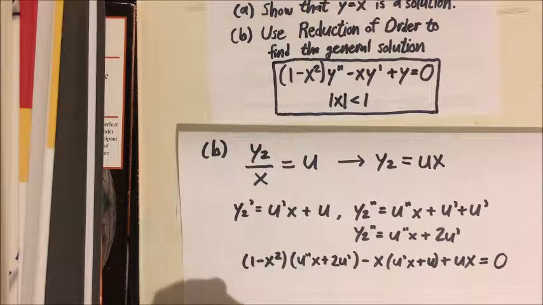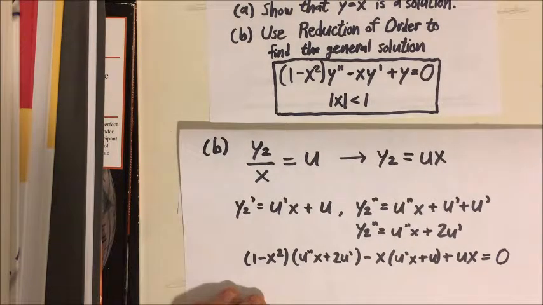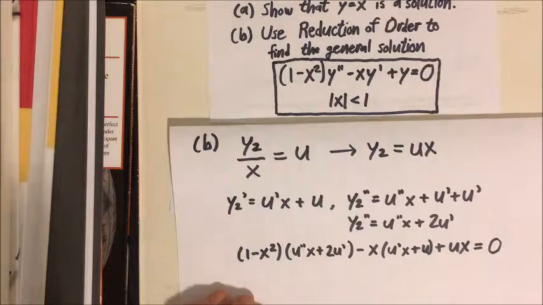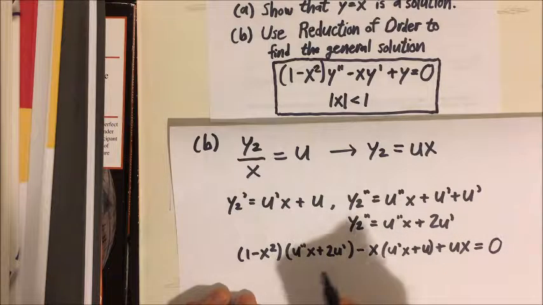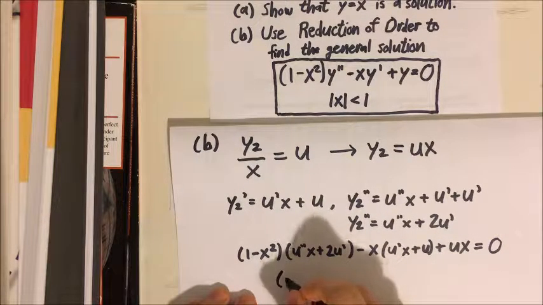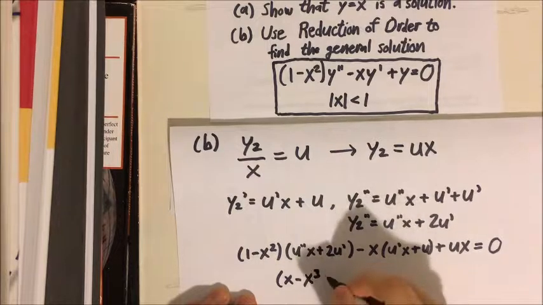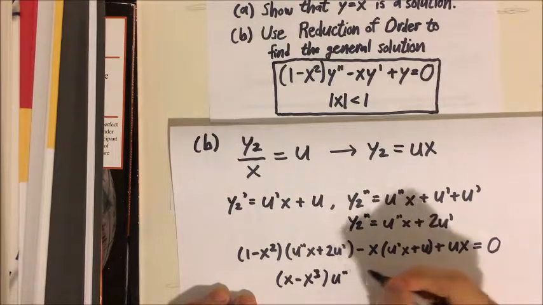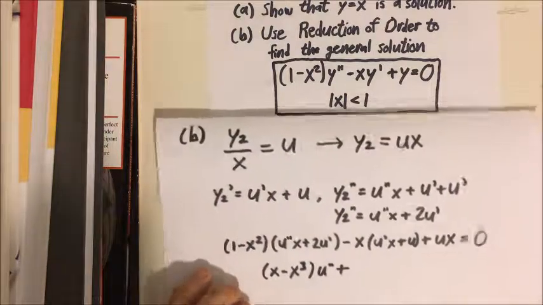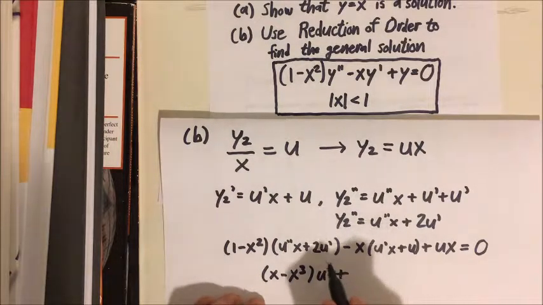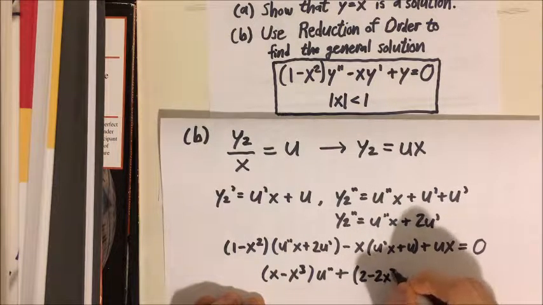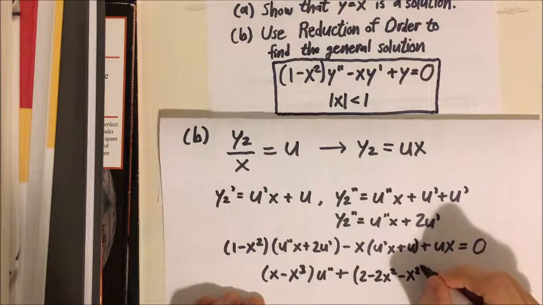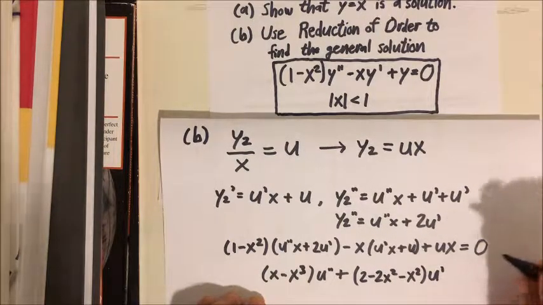So let's collect terms. Let's collect terms by the derivatives of u so that we can get a differential equation in terms of u. So for u double prime, let's distribute out the 1 minus x squared, and we should get x minus x cubed times u double prime. Plus, let's get the coefficient of u prime, and we're going to do that by distributing this, which will give us 2 minus 2x squared, then minus x squared, u prime.